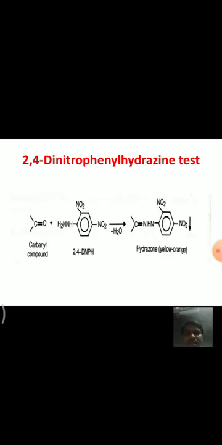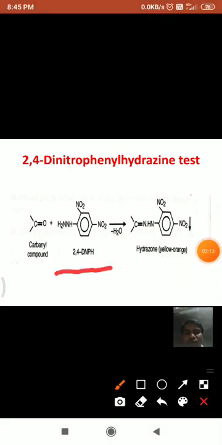See, already in the chemical reactions we have discussed the reactions of aldehydes and ketones with hydrazine and phenylhydrazine. This is also phenylhydrazine, but here at 2,4 positions 2 nitro groups are there. See here like this. This is 2,4-DNP, 2,4 dinitrophenylhydrazine.